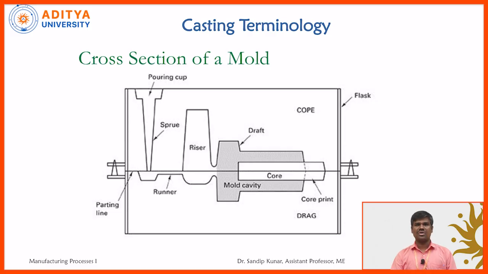The upper part of the flask or molding box is called the cope, and this total box is called the molding box or flask. The middle part is called the parting line or cheek, and the lower part is called the drag.